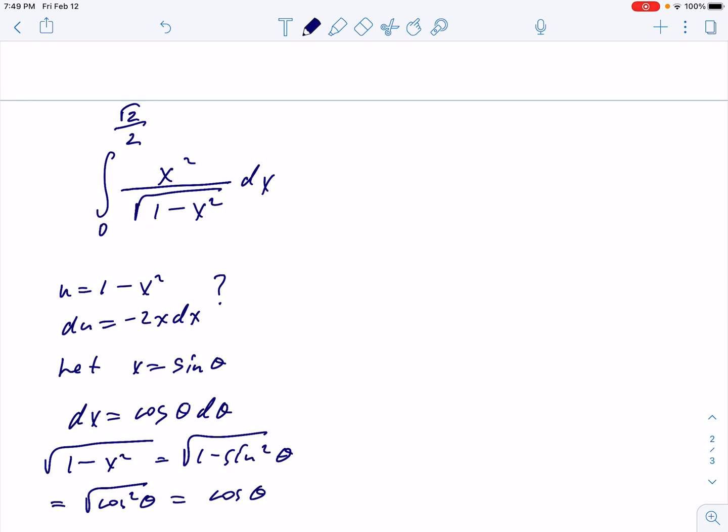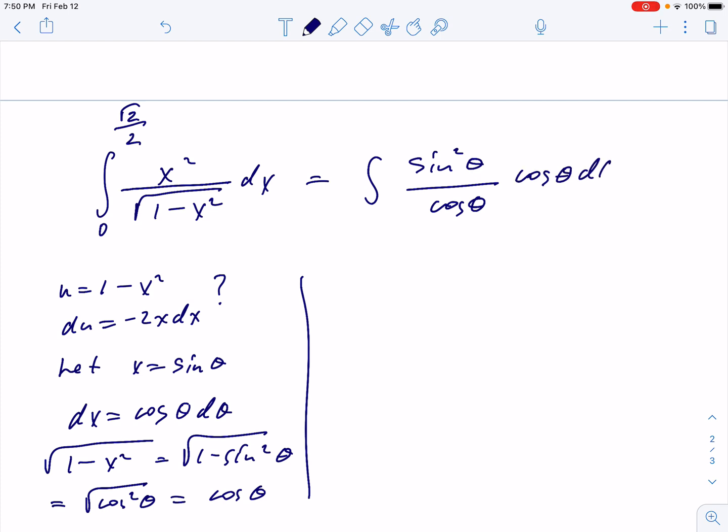So this is in the place of the radical. Now I'm having x squared, which is sine squared theta on top. Below, the radical becomes cosine theta, and the dx becomes cosine theta d theta. This is very good. Cosine will reduce.